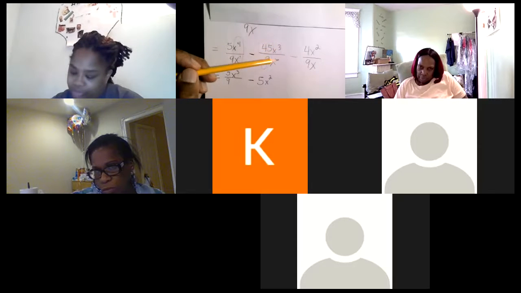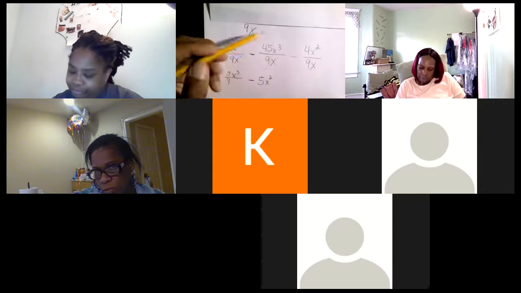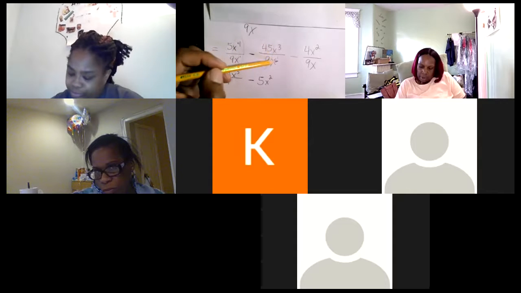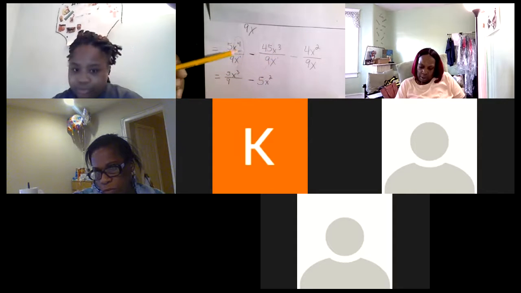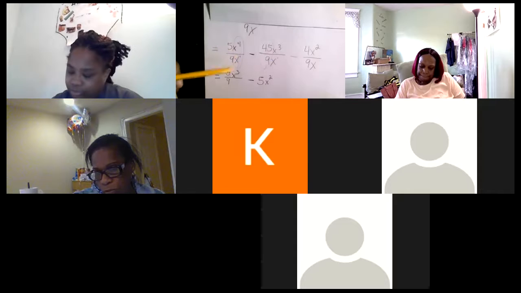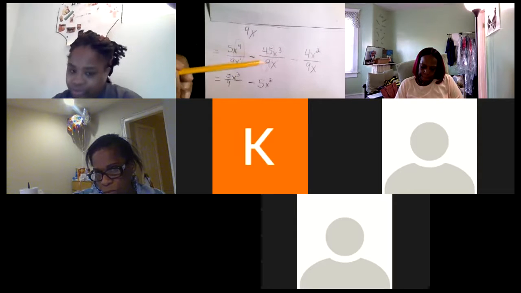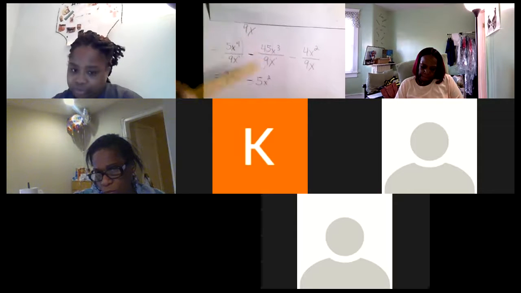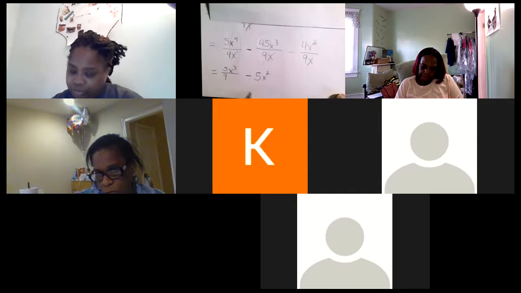That's where I got confused. We left the 9, we're gonna subtract those exponents, get 2 here, like we subtracted those exponents and got a 3 here. However, since 9 went into 45 evenly, we didn't need a denominator there. In this problem, 9 wouldn't go into 5, so we had to keep that fraction.